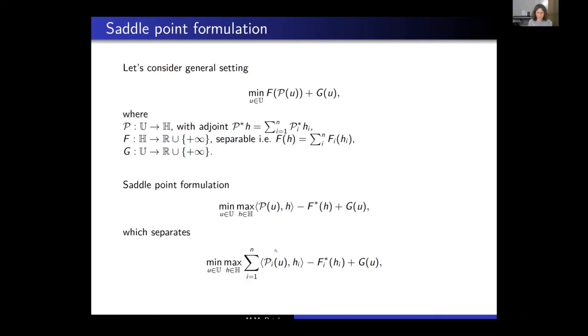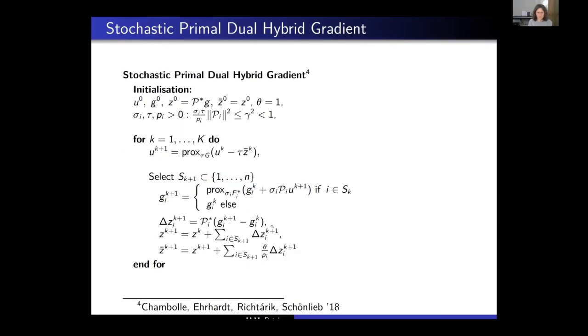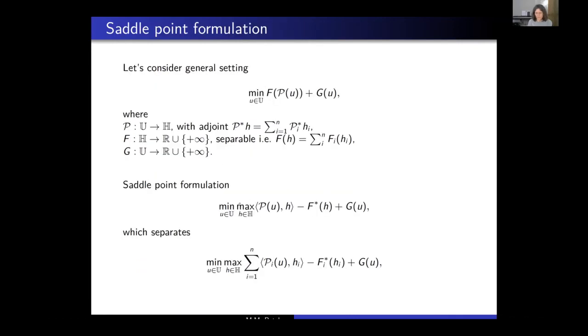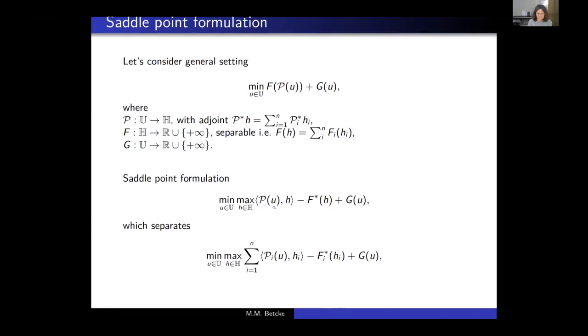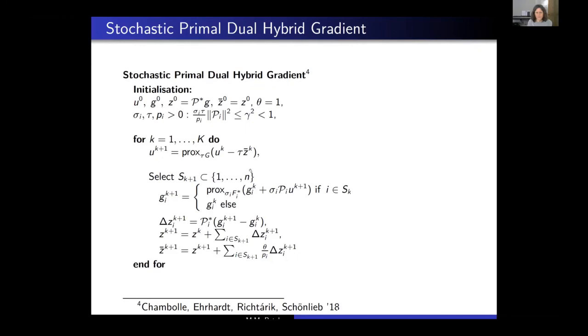So based on this observation, Matthias and collaborators have proposed a generalization or extension of the primal dual hybrid gradient scheme originally proposed by Chambolle and Pock to the stochastic setting, which is very close to the classical primal dual hybrid gradient, meaning that it capitalizes on this saddle point structure, and it alternates the steps of the primal descent and then dual ascent here.